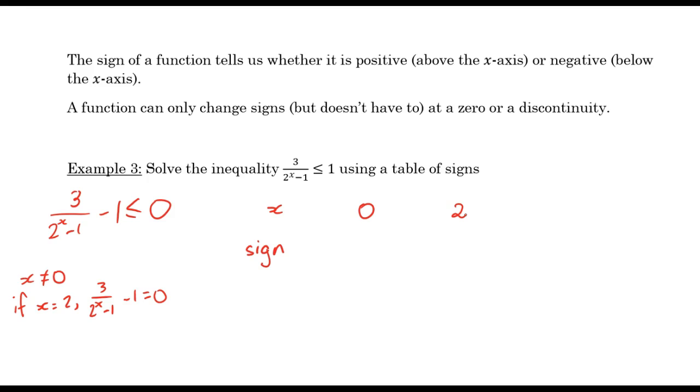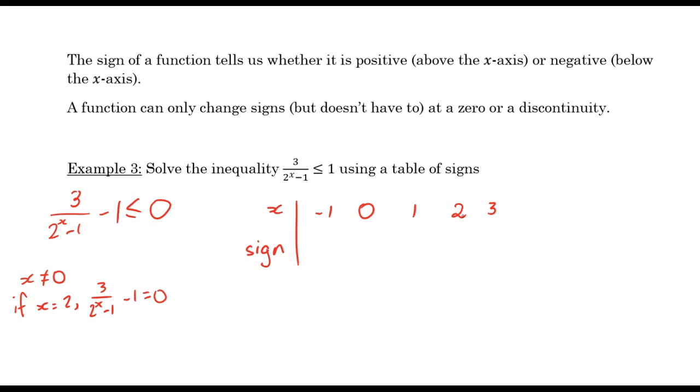So I need to choose a number that's less than 0. I don't know, let's say negative 1. Doesn't have to be negative 1, but negative 1 is definitely less than 0. A number between 0 and 2, 1 seems like a good choice there. And a number that's greater than 2, let's say 3. If I chose 5 or 10 or 97.5, that would all be fine. I'm only interested in the sign, and the sign can't change anywhere greater than 2.